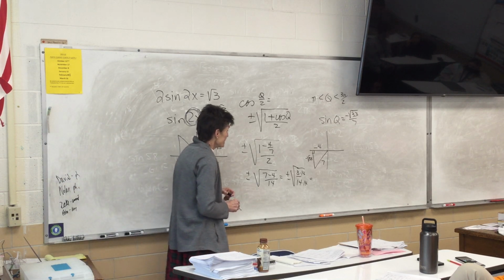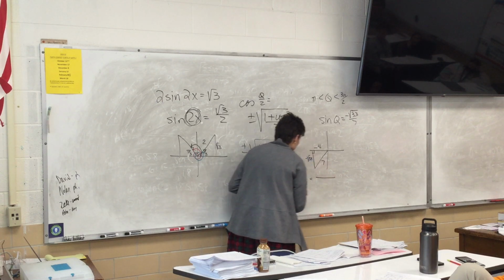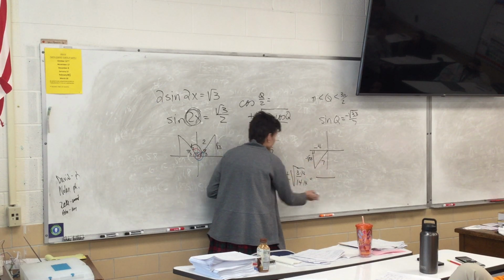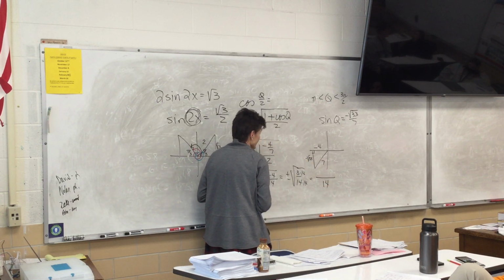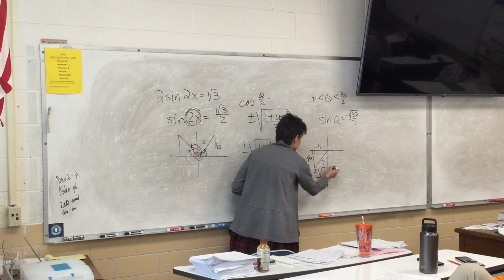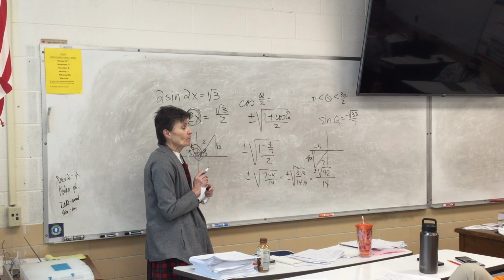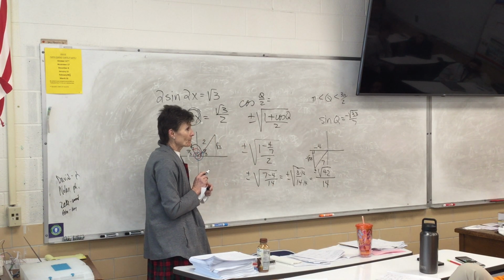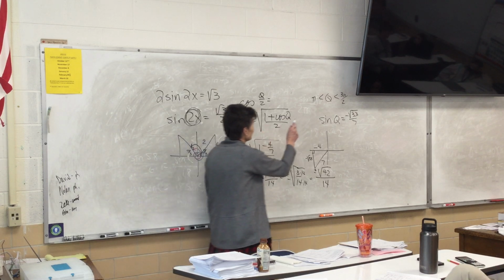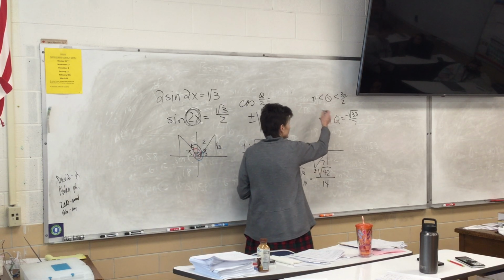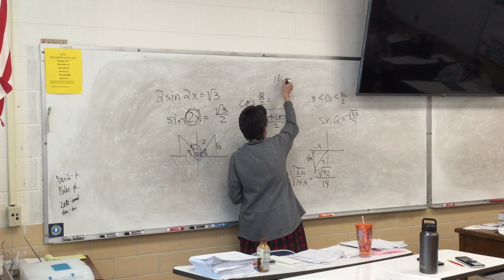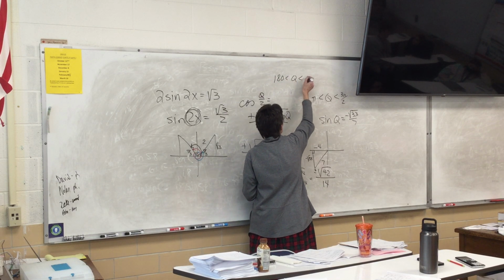Okay. Now, what do we have? Since I multiplied now by 14, my bottom is just going to be 14. And my top is going to be the square root of 42. Now I have to decide if I want the plus or the minus. So I come back to my given, which is right here. And it might be easier to do it in degrees if you want.